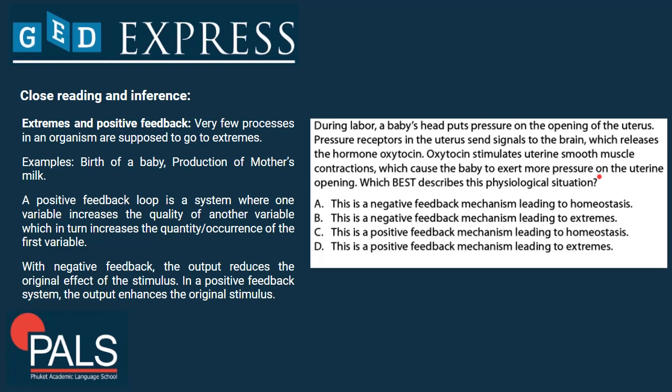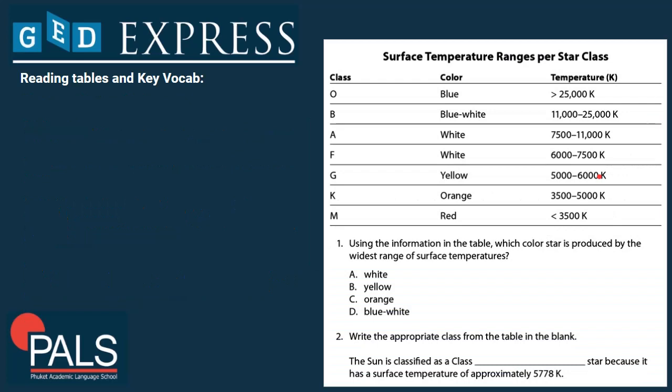The extreme in this example will for sure be the birth of the baby. Once the baby is out, oxytocin production will go down, the uterine muscles stop to contract, there is no pressure on the uterine opening anymore.